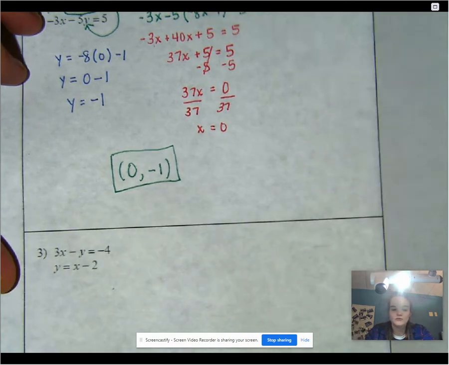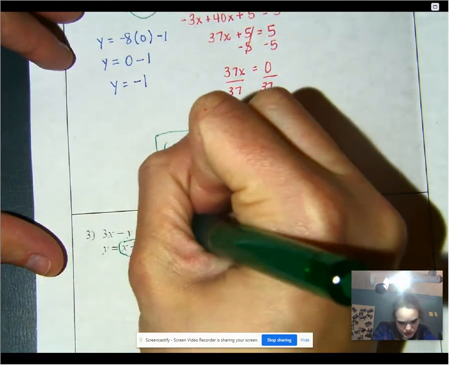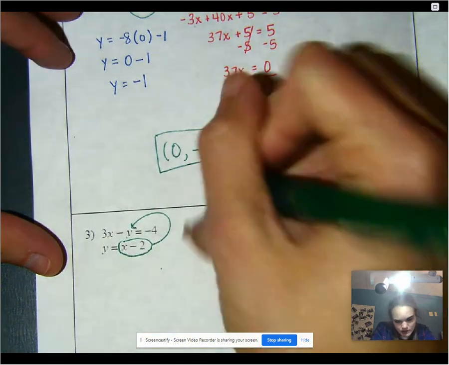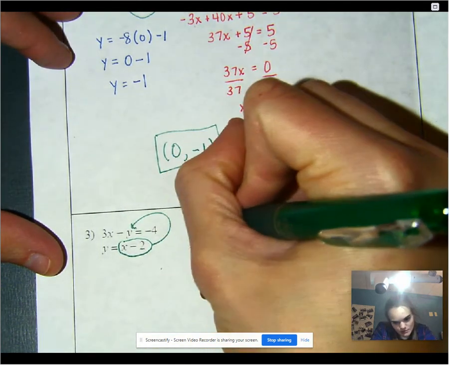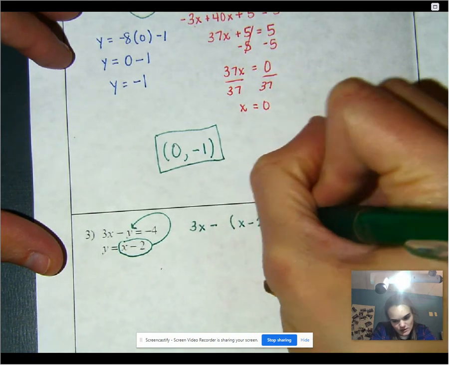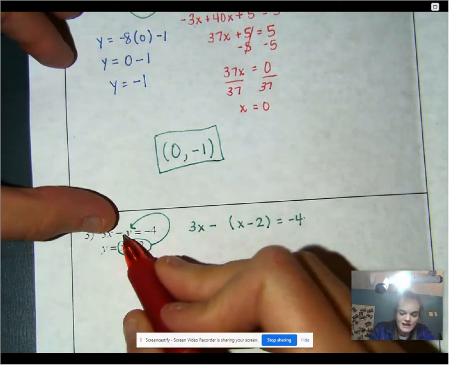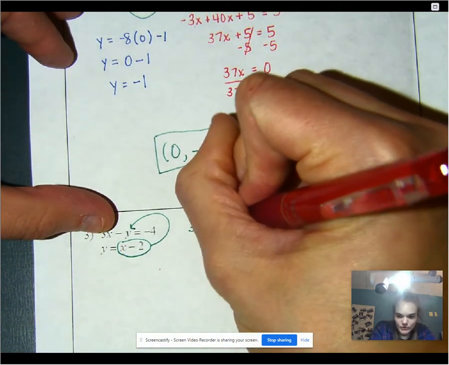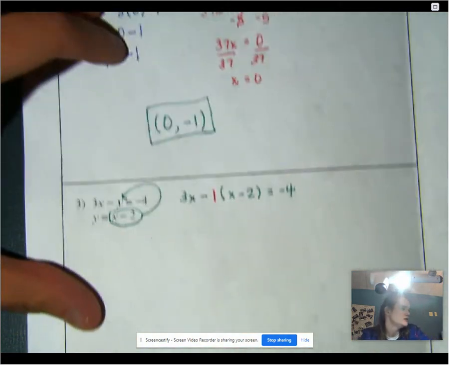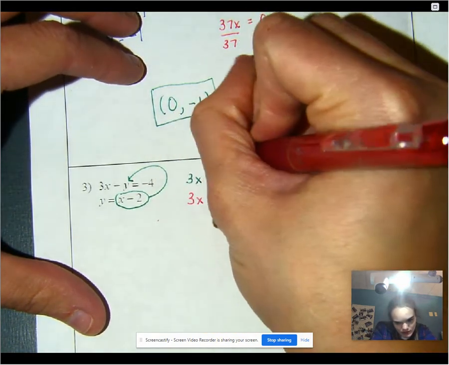Now substitute. Here's the value after y. Plug it in. So 3x minus, parentheses, x minus 2 equals negative 4. If you have a negative, remember it's like having a negative 1. That's what we're going to be distributing. So bring down 3x, distribute negative 1.